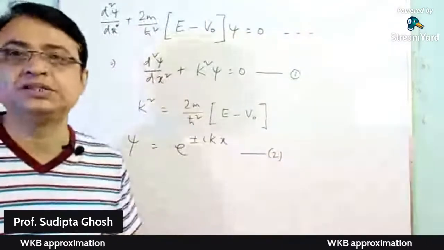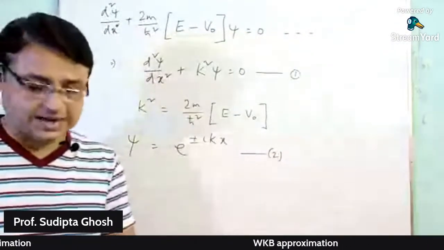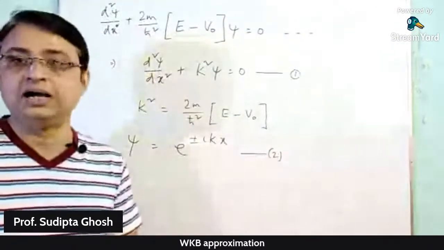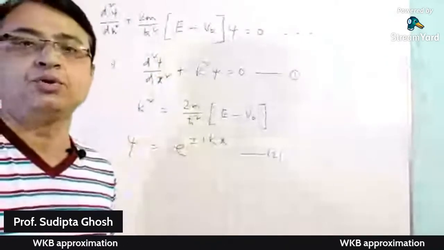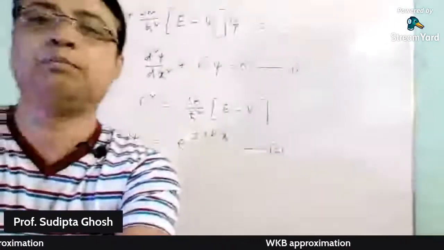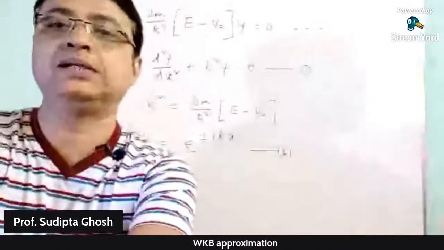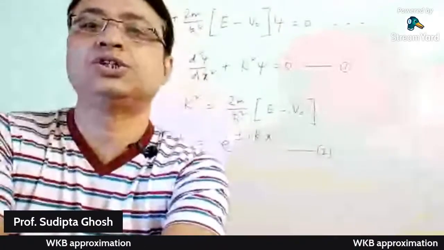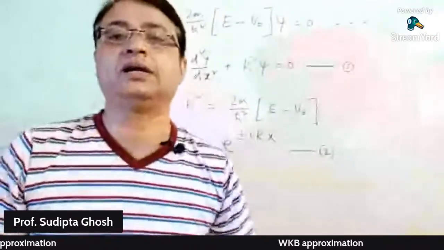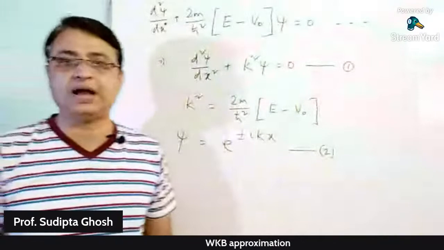Now, if the potential is not constant, as I have told you earlier, you have to apply this WKB method whenever the potential is slowly varying.